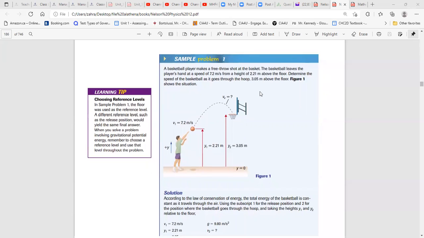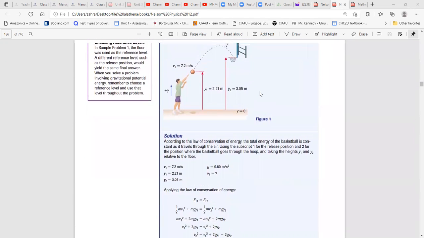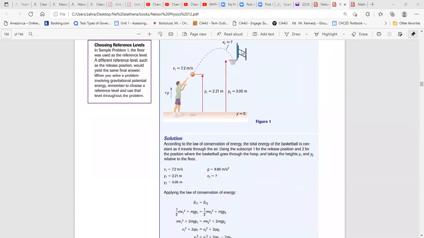I'm just going to move it here. So here is point 1, and here is my point 2. So E kinetic at point 1 plus E potential at point 1 should be equal to E kinetic at point 2 plus E potential at point 2.